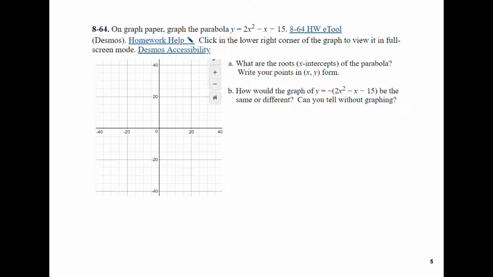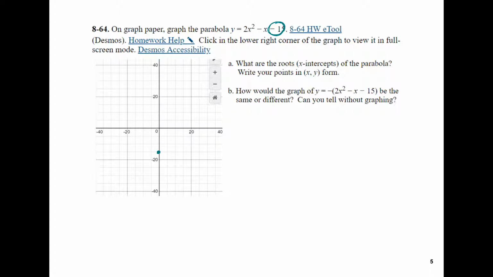So if we want to graph a parabola, there should be some things that we remember, and a variety of different ways we could do this, thinking back to Algebra 1. Looking at this quadratic in standard form, hopefully I remember that negative 15, or my C value, is my y-intercept.